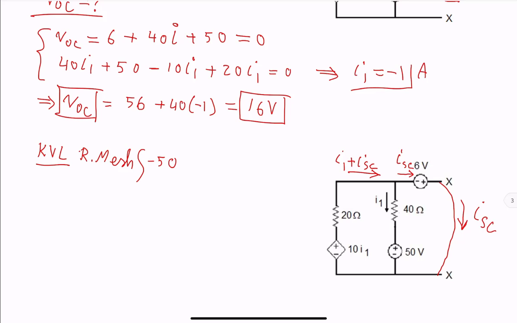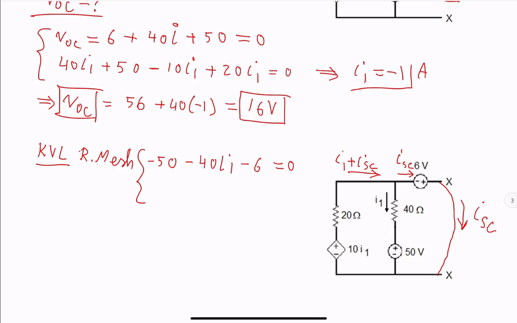So if you want to use I1, passive sign conventions, I1 should enter positive of that voltage. So we see the negative sign at the bottom and we are moving up. So write that as negative for the I1. And we see the negative 6 volt source on the top, nothing else, equal to 0.